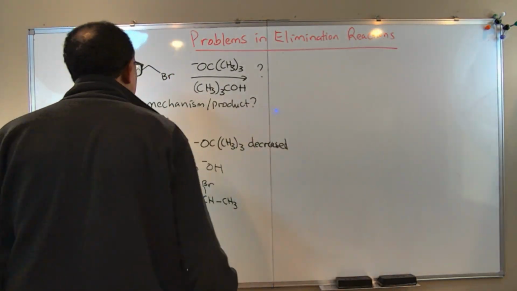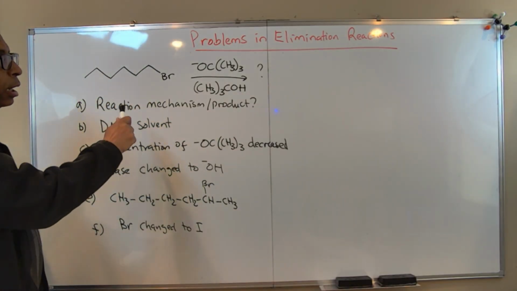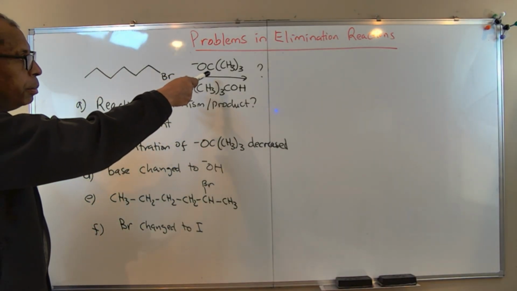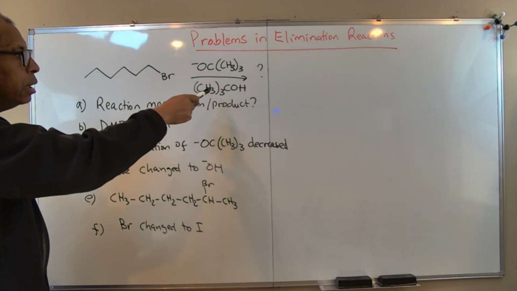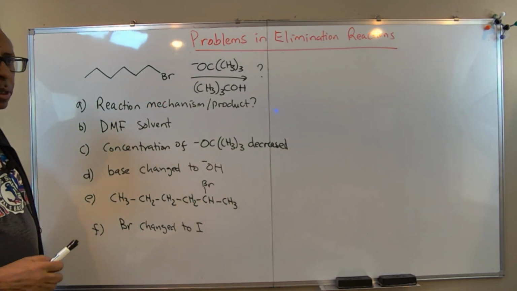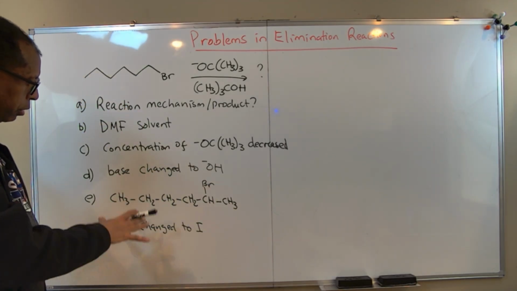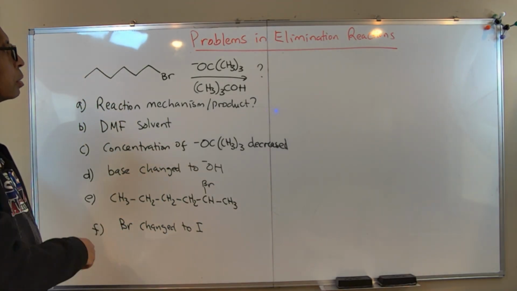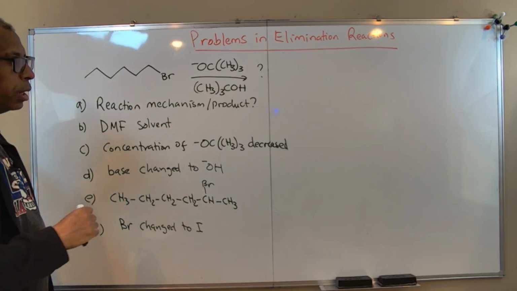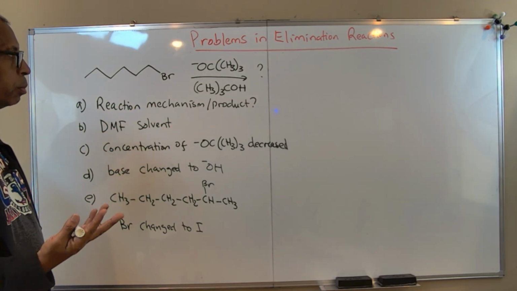I have this alkyl halide and a tertiary butoxide in tertiary butanol. This is the reaction, and we are going to do different conditions. The first one asks us to just show the reaction mechanism.